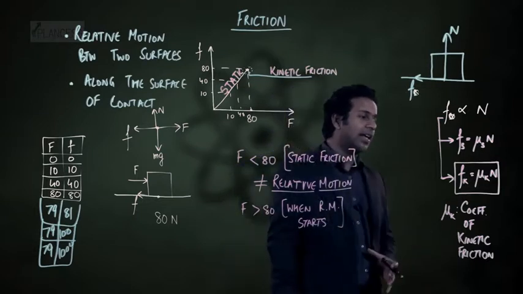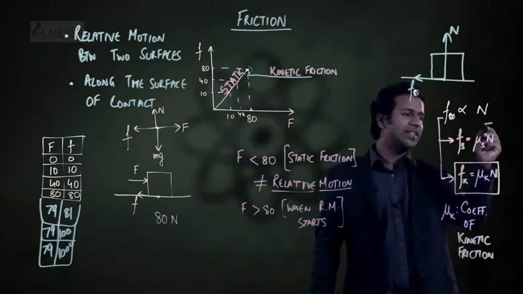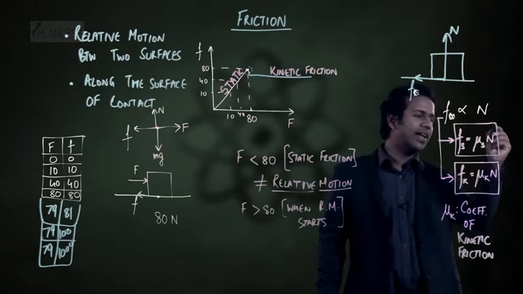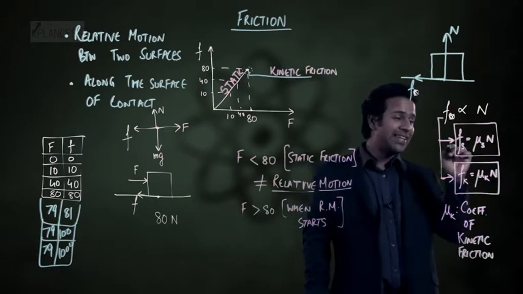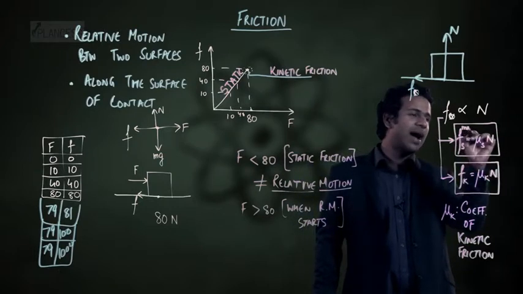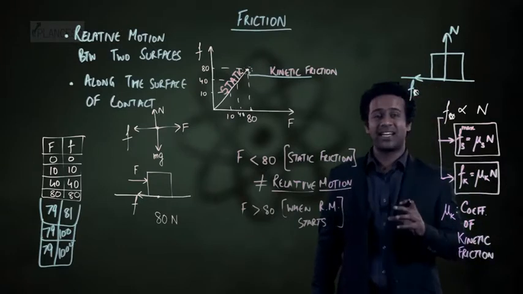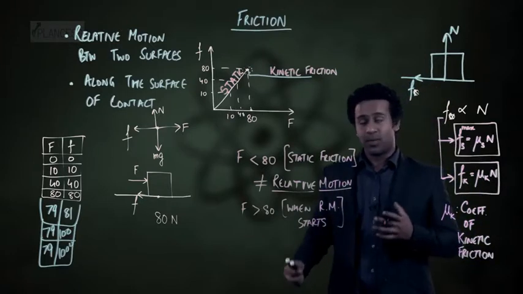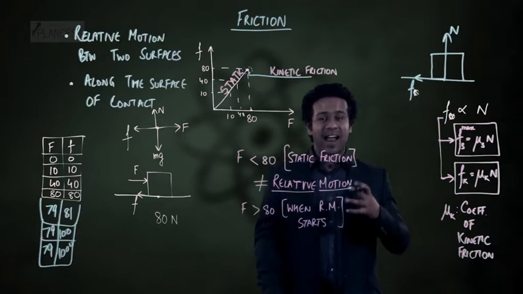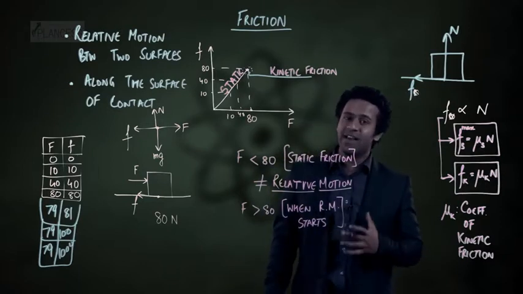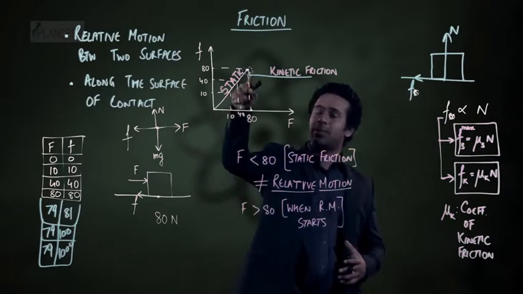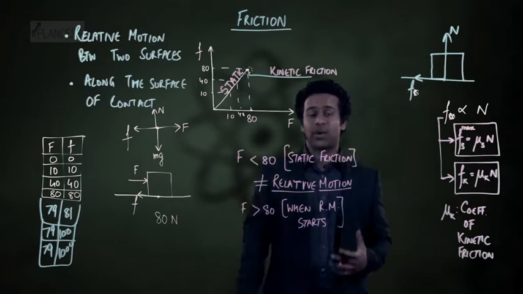So similarly, when we write this equation that Fs is equal to mu s times normal, this is actually the maximum value of static friction. Once again, this is because static friction can take any value from 0 up to the maximum as and when required.